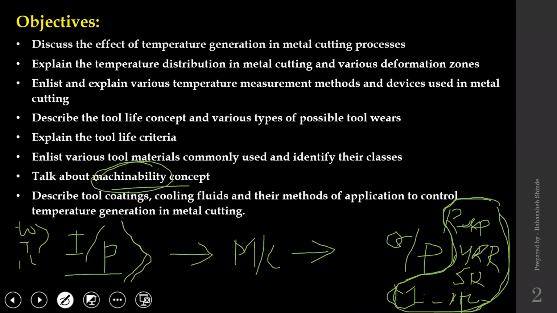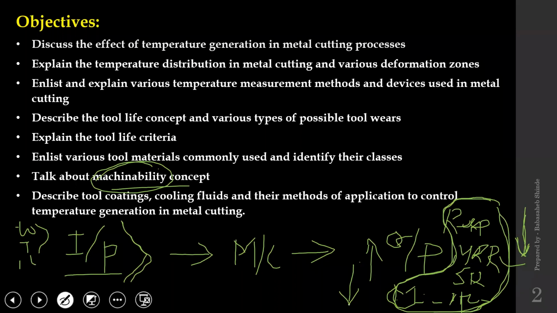Means by using that cutting tool, when you are machining that workpiece, all the response parameters are within acceptable range and you can continue with that combination. So that way we will call it a better machinability. And if these parameters are going to have negative values or values beyond acceptance range, then we will call it a poor machinability.